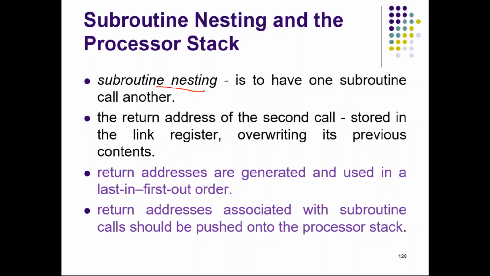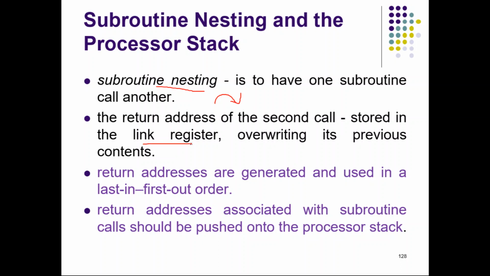Normally we push the return address into the link register. So when there is a first call from the main program to the subroutine, obviously you will push the address where the control should come back to the main program into the link register.